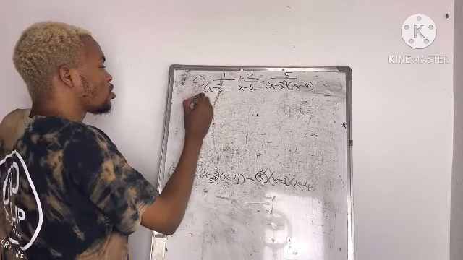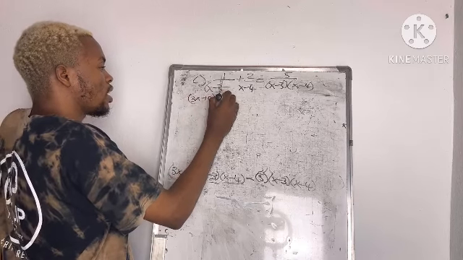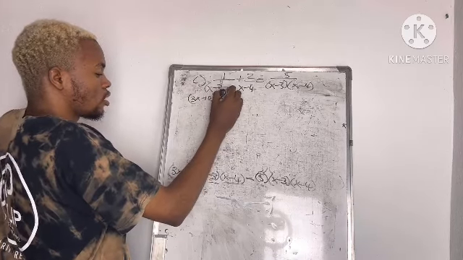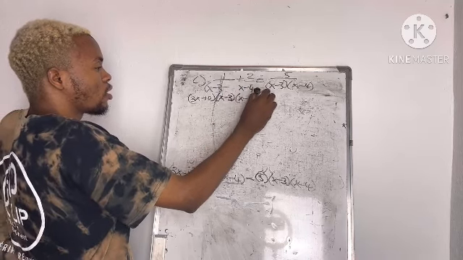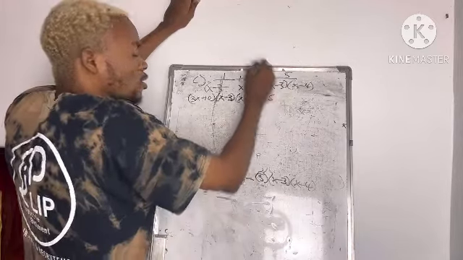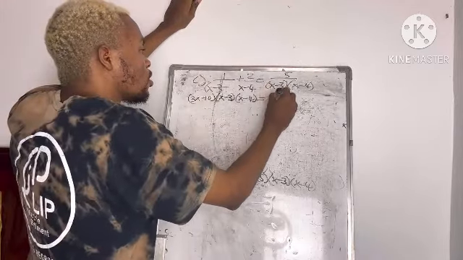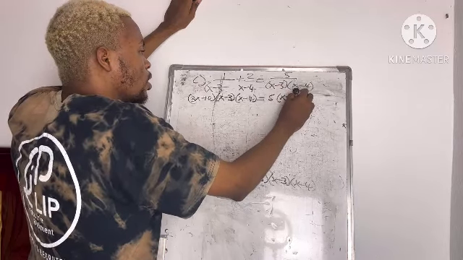So what I'm saying is, you have 3x minus 10 times x minus 3 times x minus 4 equal to 5 times x minus 3 times x minus 4.